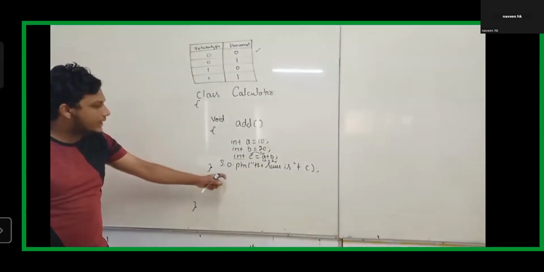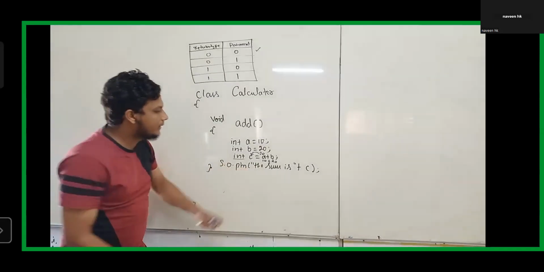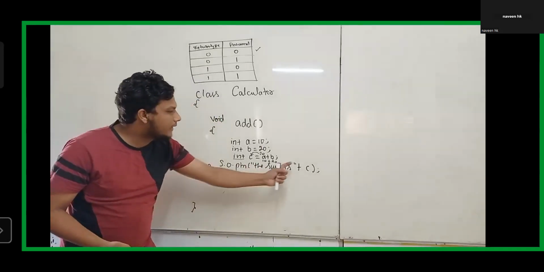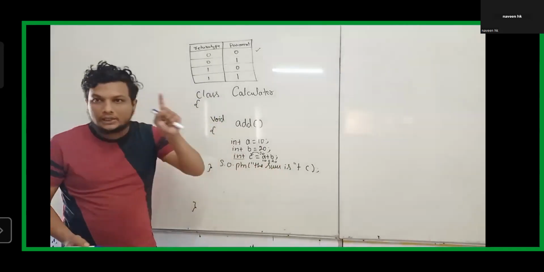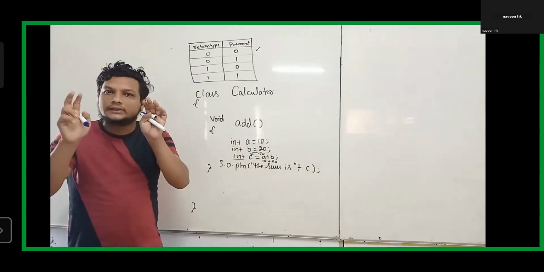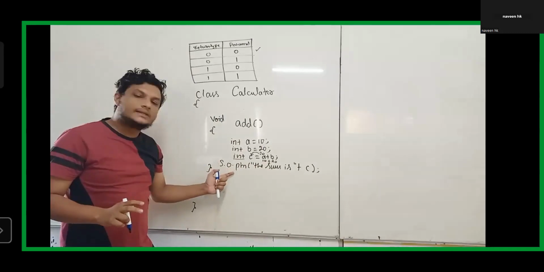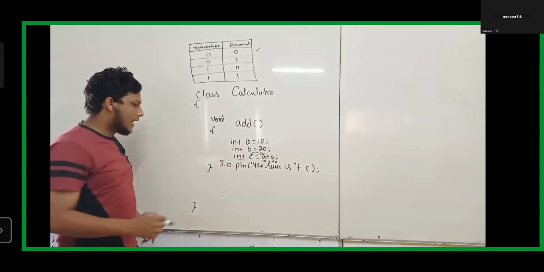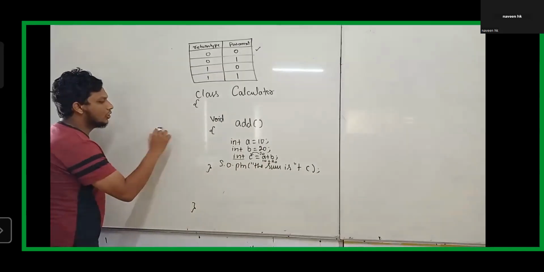Now I am writing System.out.println and the sum is. Remember what I have done? Inside double quotes I have written it. As per yesterday's problem we have seen, whatever you give inside double quotes in System.out.println will print as it is. So immediately the console will open here.